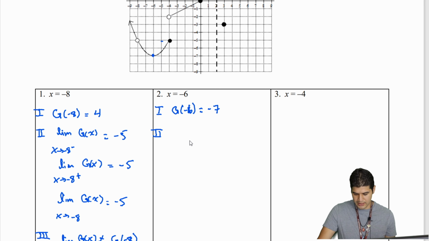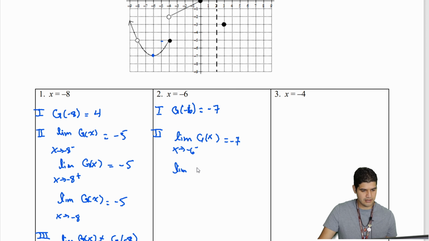The limit of g of x as x approaches -6 from the left side is equal to, well, it looks like it's approaching -7. And then the limit of g of x as x approaches -6 from the right side is equal to -7. So that means the limit of g of x as x approaches -6 from both sides is equal to -7.